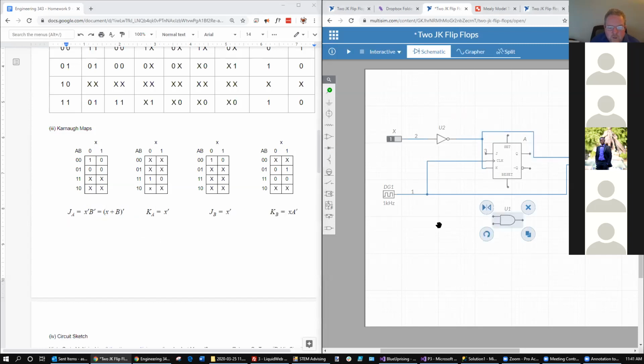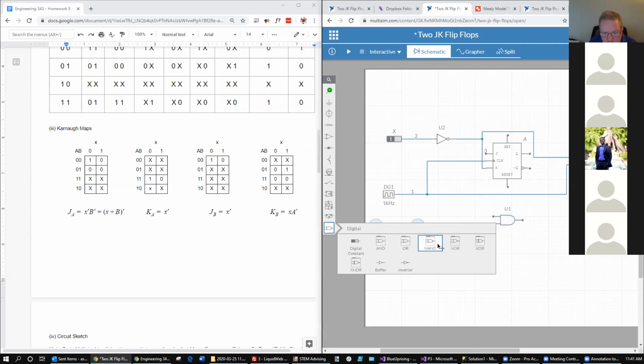So let me grab one of those. A NOR, and I just need a 2-input version. That's a weird, wait, that's not it. That's a XOR. Oh, there it is. Okay.